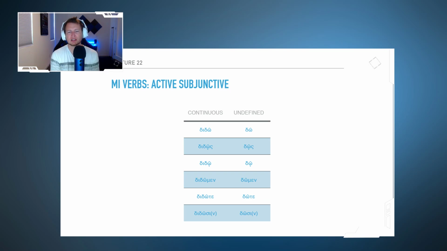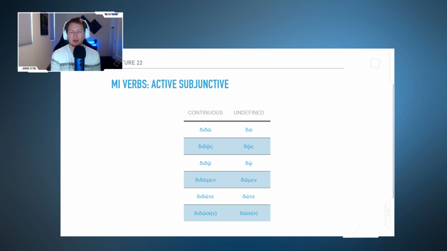Here's the active subjunctive. So remember, subjunctive does not have an augment because there's no time aspect. Okay? What we are dealing with is the continuous and undefined, meaning the present tense stem and the aorist tense stem. Didō, didōs, didō, didōmen, didōte, didōsin.